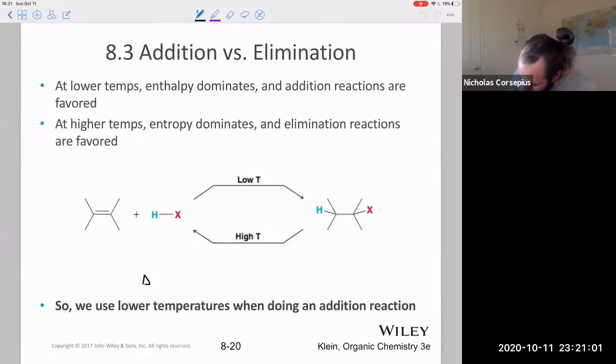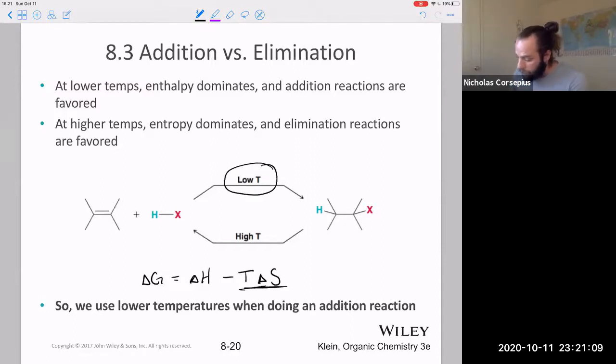So we see we have this push-pull, right? So delta G. Well, if we are at low temperatures, such that that entropy term is not as significant, right? Low temperatures means that that term's not very significant. Then our delta H term is dominant. And so at low temperatures, we would favor the addition product.